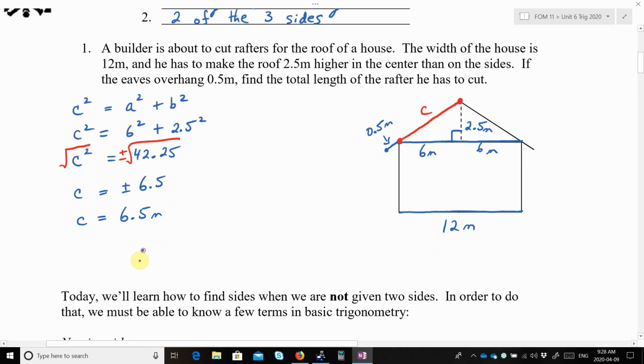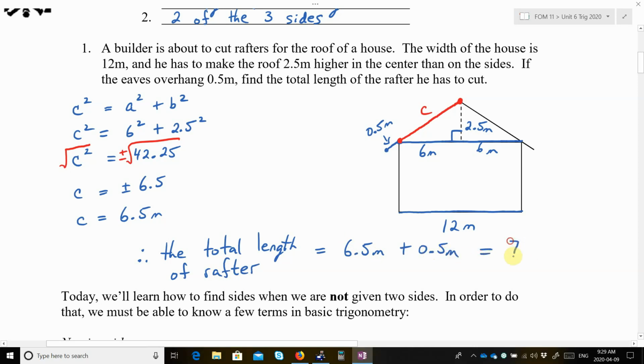So we can say, therefore, the total length of rafter is equal to 6.5 meters plus 0.5 meters for a total of 7 meters.